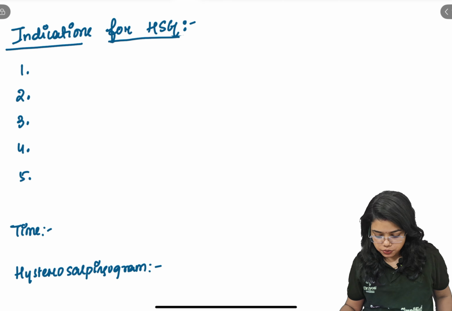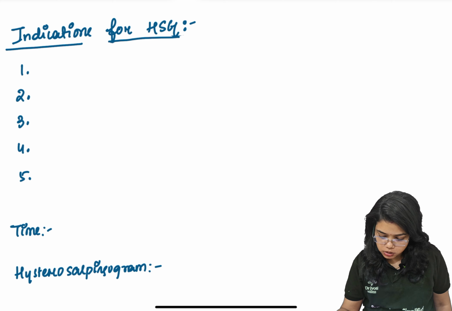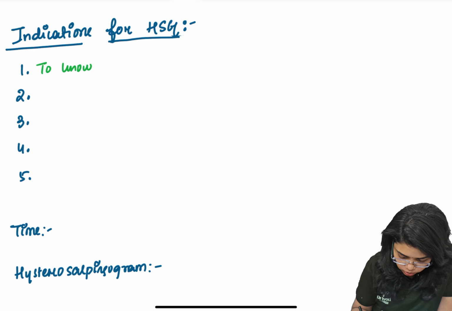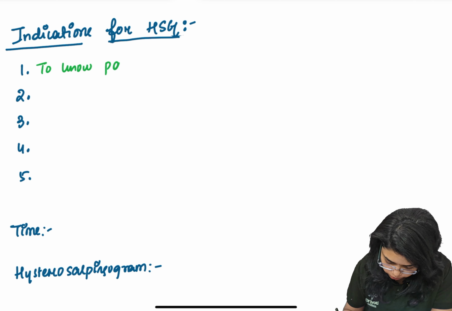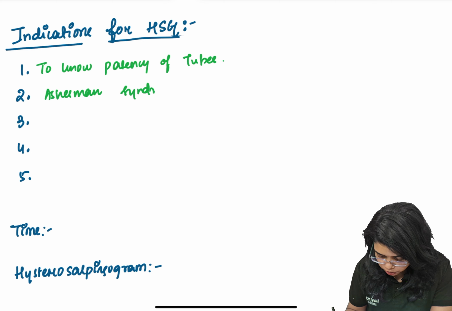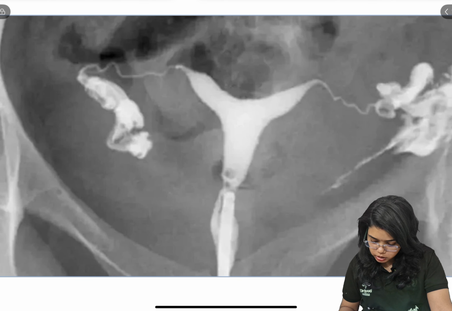So what are the indications for HSG? First, the indication is to know the patency of the tubes. Then Asherman syndrome. See, this is the normal HSG, the X-ray.